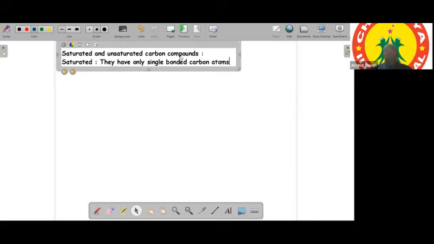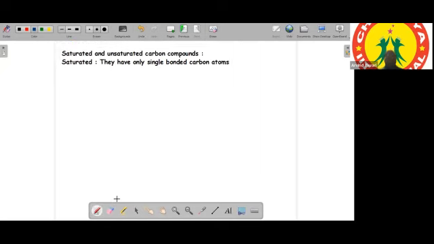If carbon atoms are bonded with each other all by single bonds, such compounds are called saturated. If you observe carbon, carbon, carbon, carbon everywhere, this is a saturated hydrocarbon.